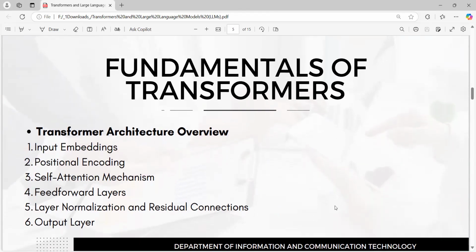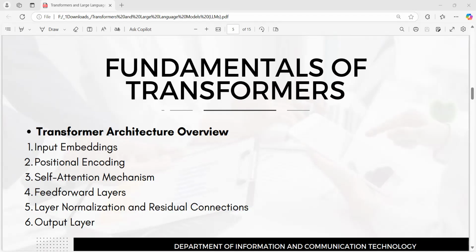The second thing is the transformer architecture overview. We can say that transformers can be mainly divided into six parts. The first part is the input embeddings, which convert words into vector representations. Second is the positional encoding, which adds information about word order.